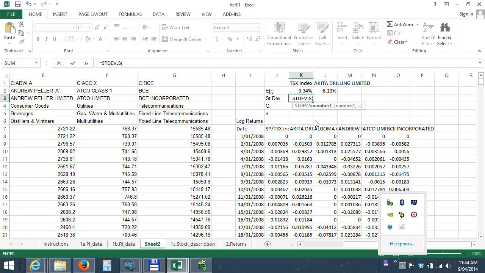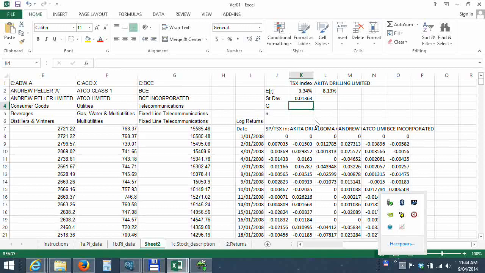I do have the reference for the TSX already in my clipboard. And the standard deviation that I present here is the daily standard deviation. This figure is somewhat awkward because normally investors and clients are used to an annual representation of risk.